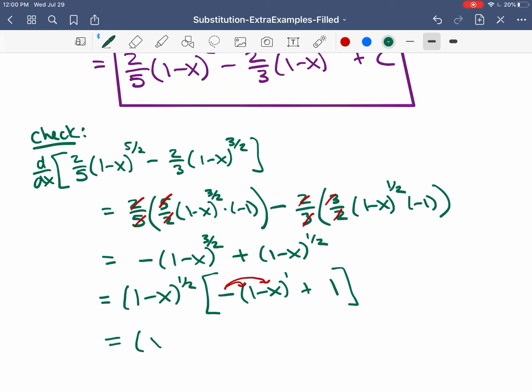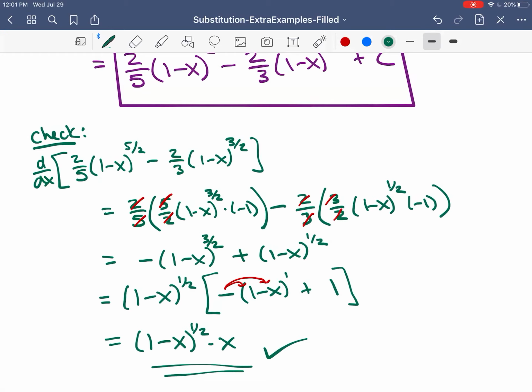So I'm just going to have 1 minus x to the 1/2, so square root of 1 minus x times x. Okay, and that is exactly what the integrand looks like, but with a 1/2 exponent instead of the square root. Okay, so we do have, in fact, an antiderivative of our integrand.